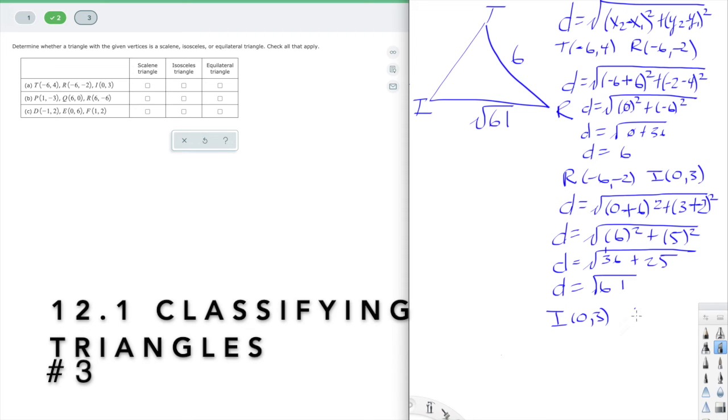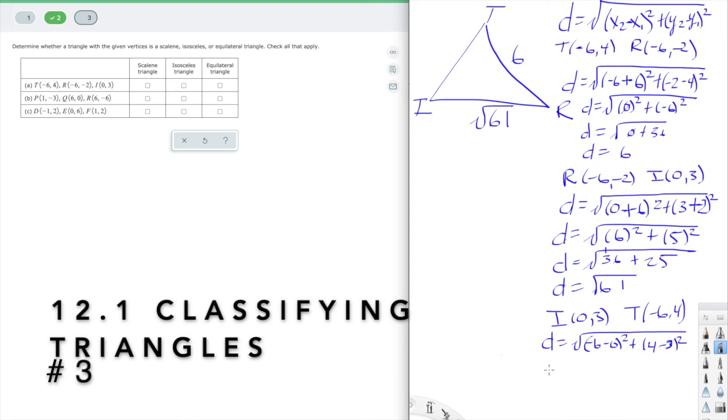Alright, so negative 6, 4. Distance equals, sorry, negative 6 minus 0, I almost wrote that backwards, squared, plus 4 minus 3, squared.